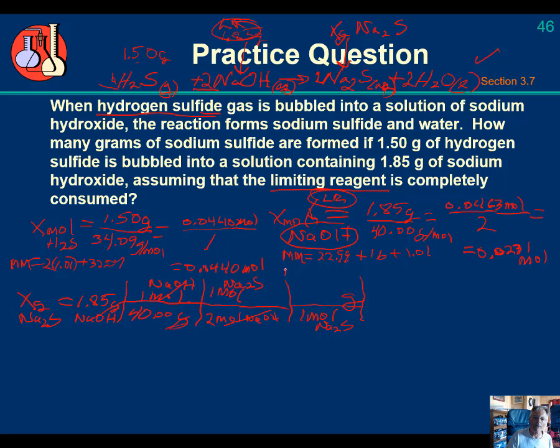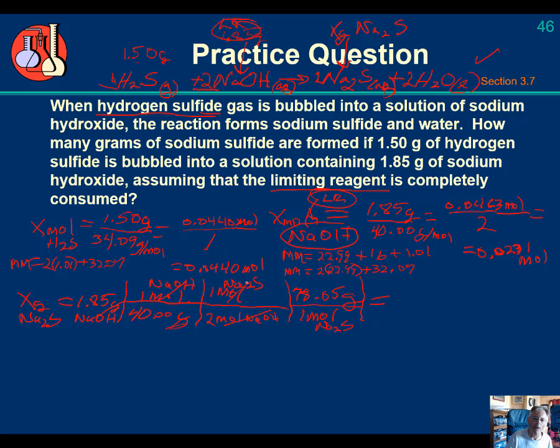The molar mass of sodium sulfide will be 2 times 22.99 plus 32.07 for sulfur. I get 78.05 grams per mole. 78.05 grams for every 1 mole of sodium sulfide.